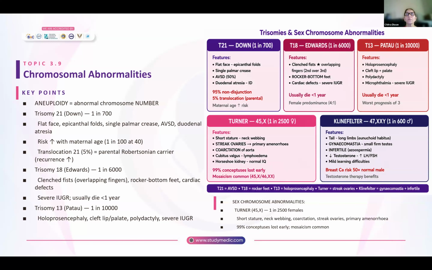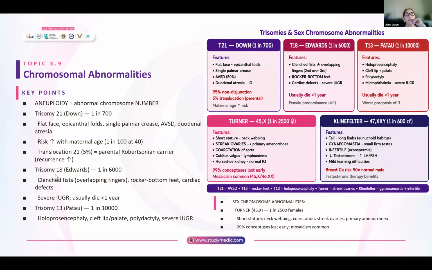Otherwise, usually with Down syndrome, the risk of recurrence is very rare. But if you have a parental cause, like either the mother or the father is a carrier of Robertsonian translocation, then the risk of recurrence of Down syndrome is high.